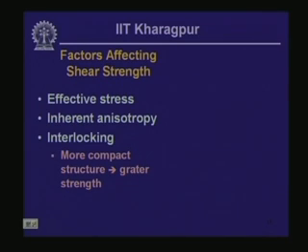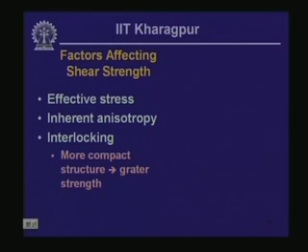Second thing is inherent anisotropy, and that is because of the presence of joint sets or presence of lamination within the mass of rock or soil, that is because of the depositional environment or because of mineralogical characteristics of the solid.